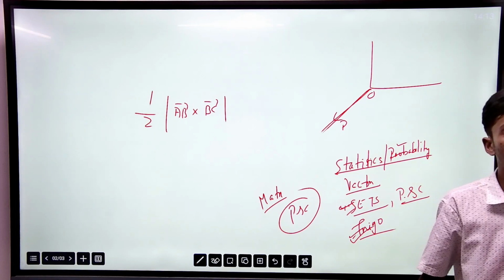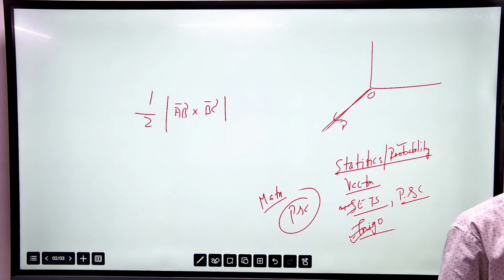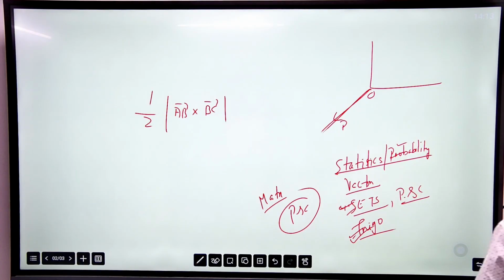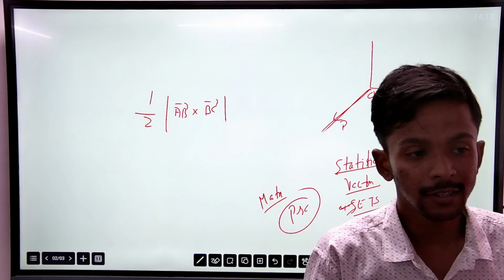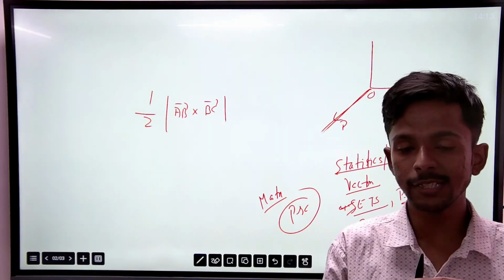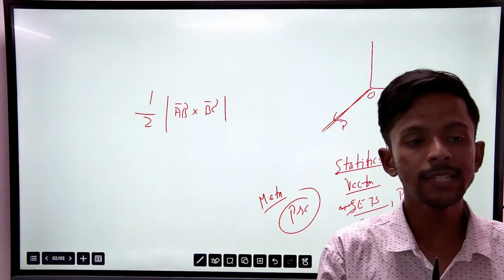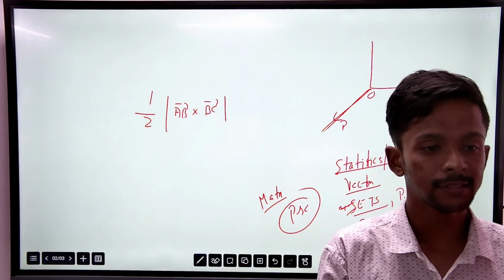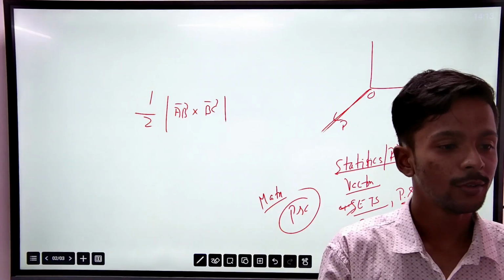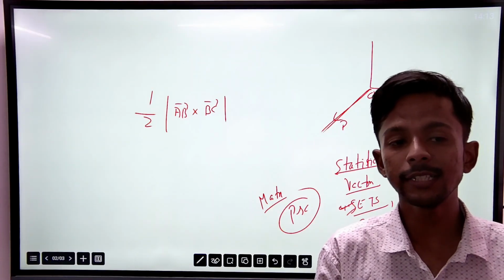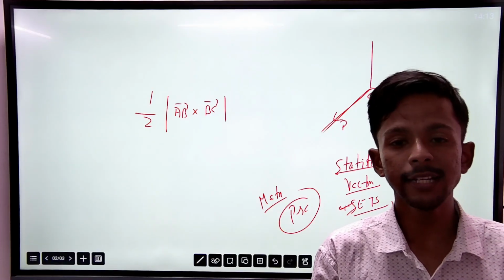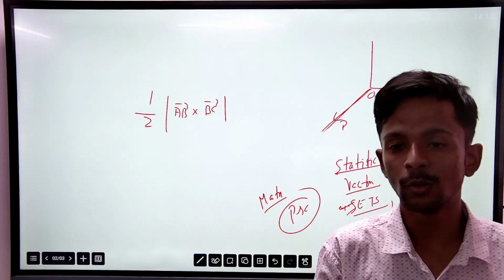Yes or no? Now, when your position vector is lying on the x-axis, what is the angle it is making with x-axis? It is 0. If the position vector is on the x-axis, it is making the angle 0 with the x-axis. Yes or no?